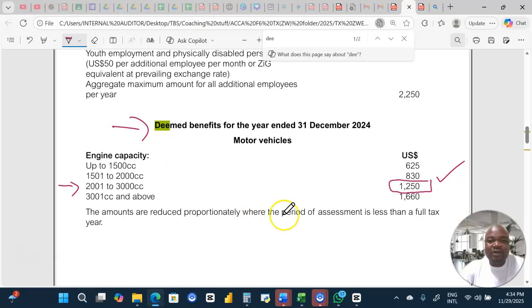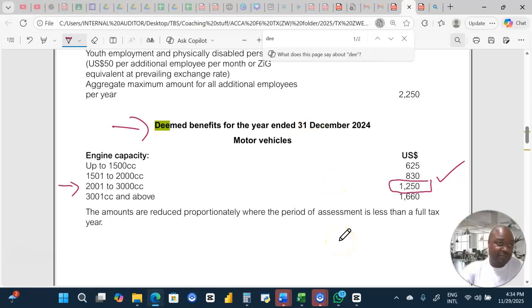It's assumed knowledge. You just know it. You need to be aware of it from reading extra, from going the extra mile to the Zimra website. So you need to play around the Zimra website and understand what the deemed cost could be or should be.